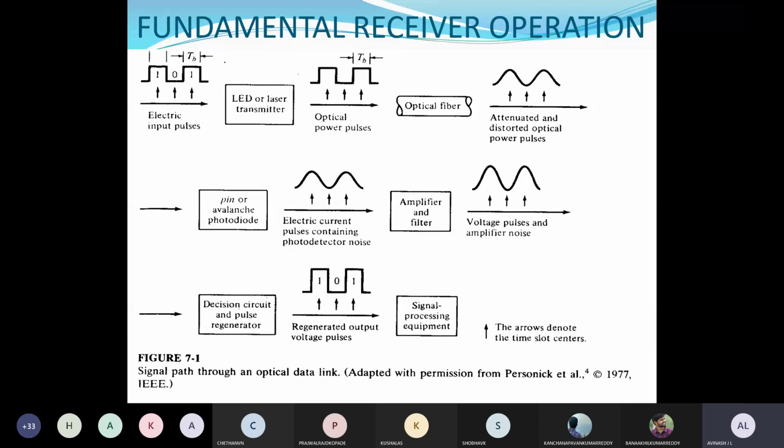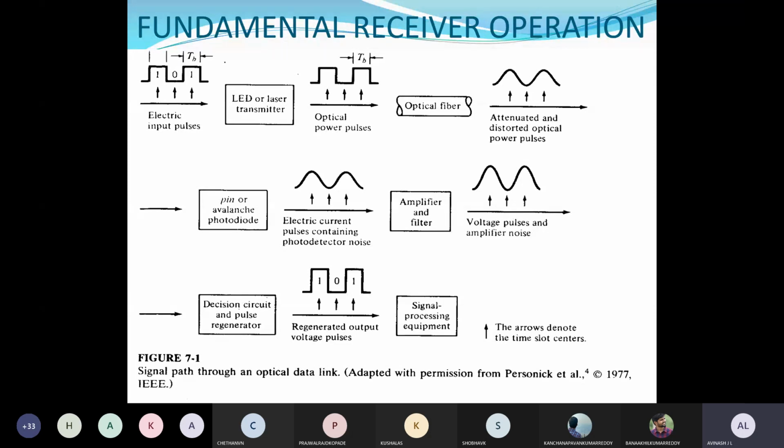When you're talking about signal processing equipment, whether signal strength has to be increased further or any modifications have to be done to the signal, any alignment, any phase variations, any frequency to be included, any modulation, whatever signal processing activity you want to do, that particular signal processing equipment you need to keep and do the operation at the receiver side.